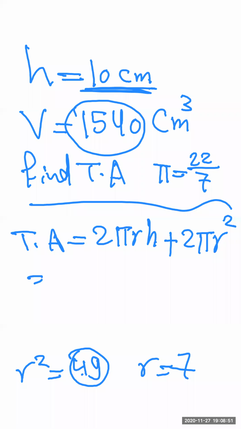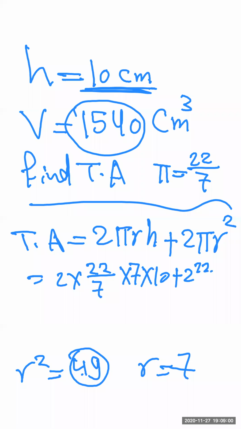So it will equal 2 times 22/7 times r equals 7 times h equals 10, plus 2 times 22/7 times 7 squared. Then we will finalize all these numbers.